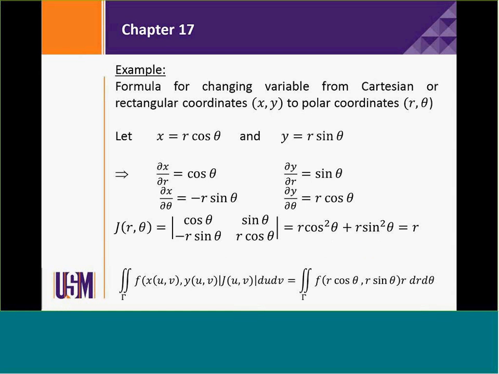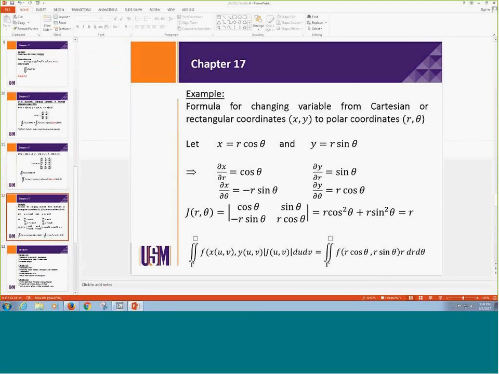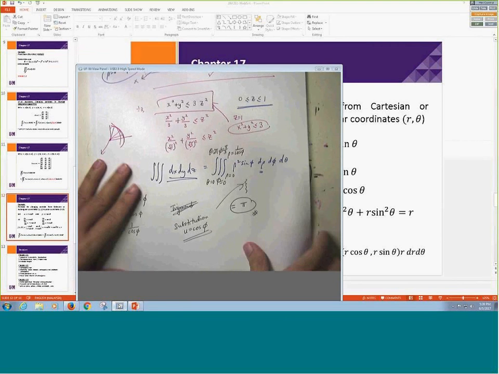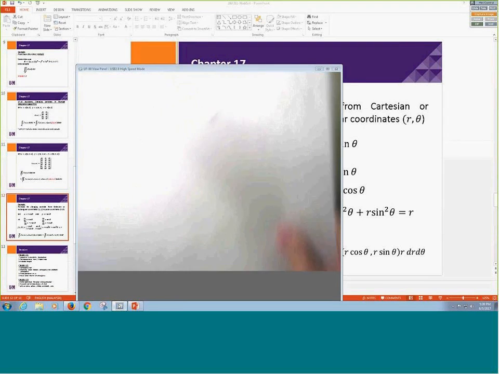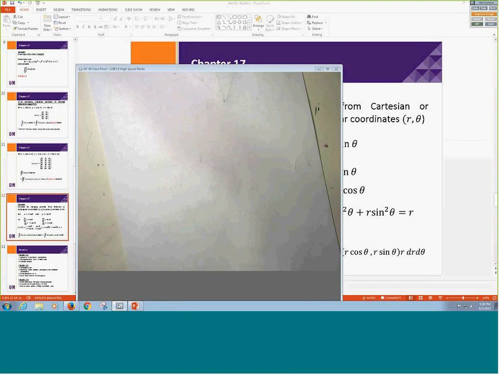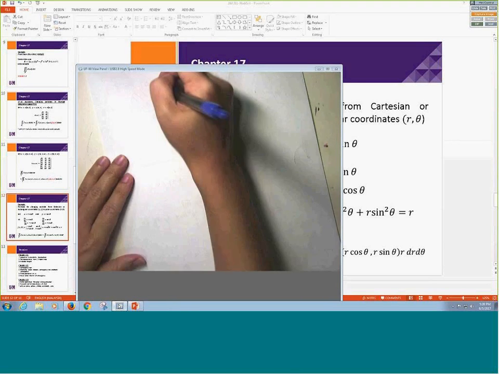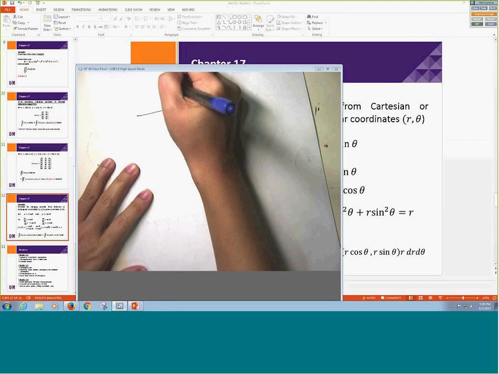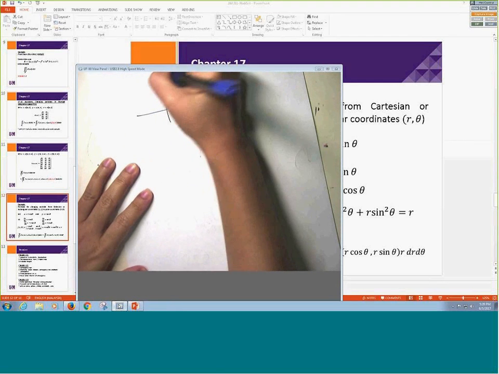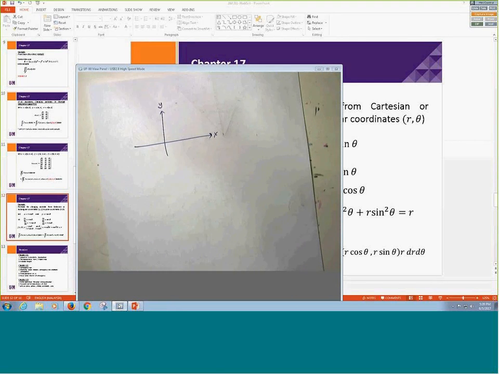Okay, remember the polar coordinates here. What is it when we want to change the coordinates? The normal one that we know is the Cartesian coordinate. Cartesian is like the block, the straight line.